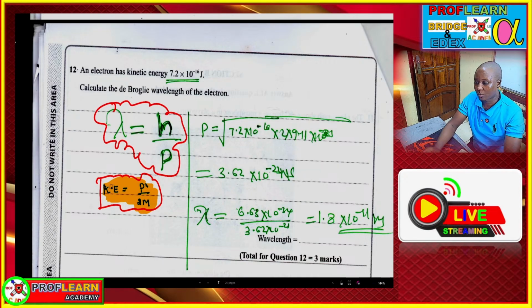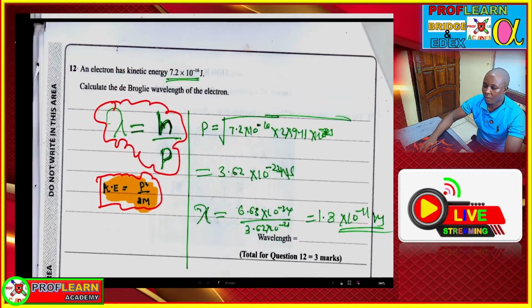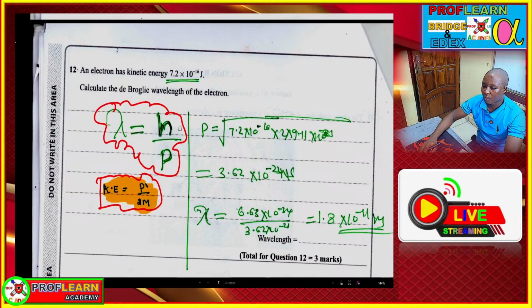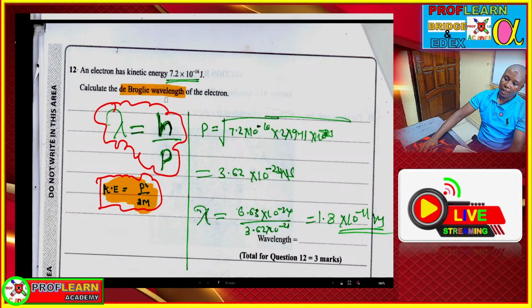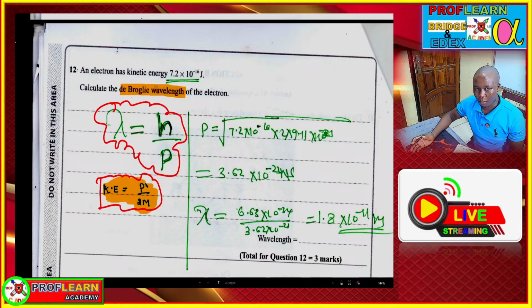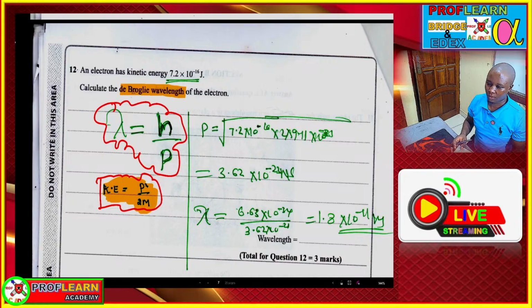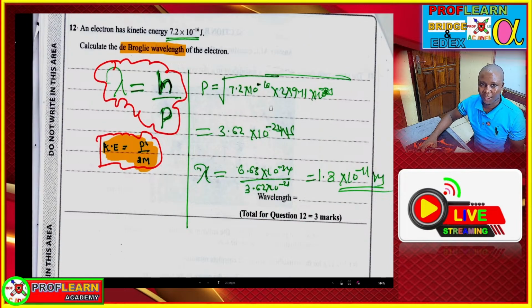So using that, we can find momentum, and then we can now use the de Broglie wavelength. We're going to use the Planck's constant over the momentum so that we can get the de Broglie wavelength. And what is de Broglie wavelength? This is the wavelength of particles which are actually moving, especially electrons.